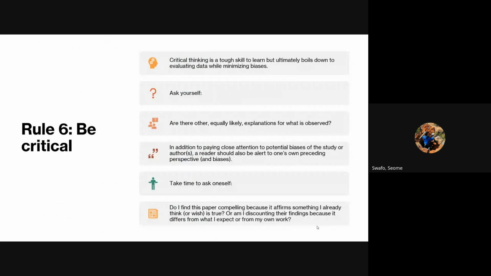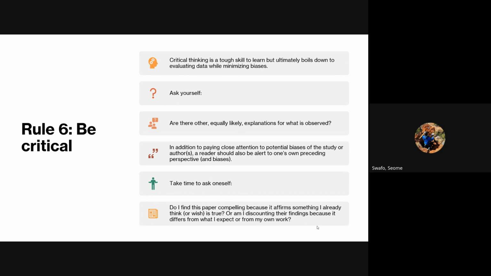And then rule number 6, you have to be critical, obviously. Remember that critical thinking is a skill, a very tough skill that you need to learn. So as you try to become critical, you need to ask yourself: are there other equally likely explanations for whatever is observed?